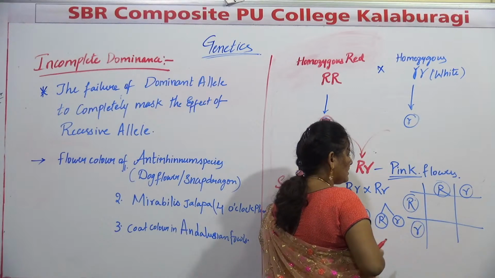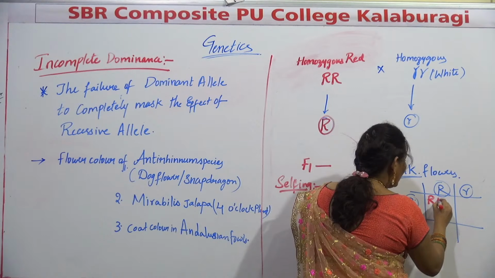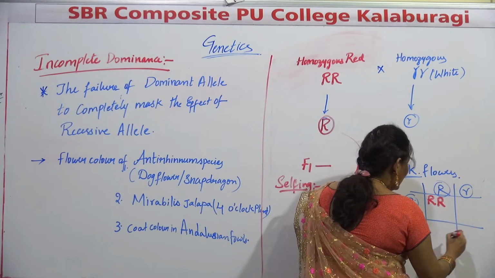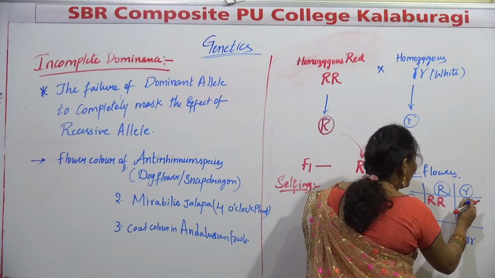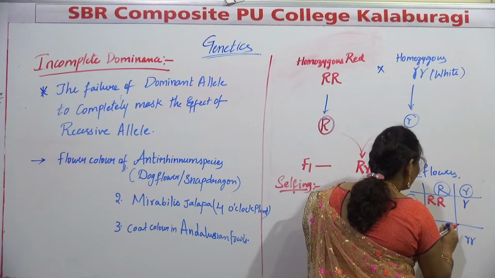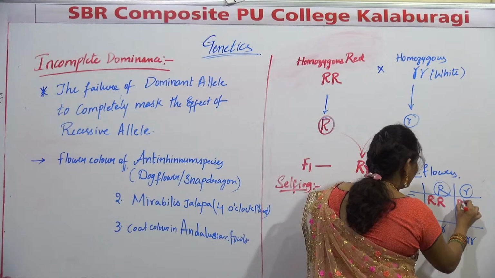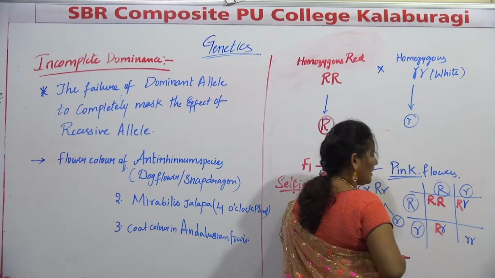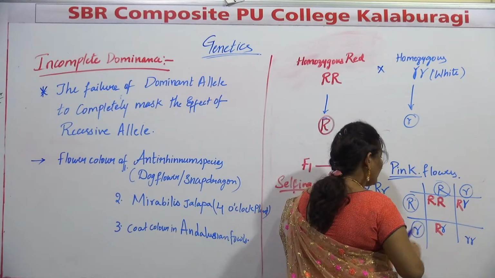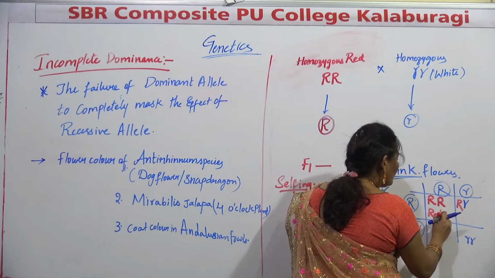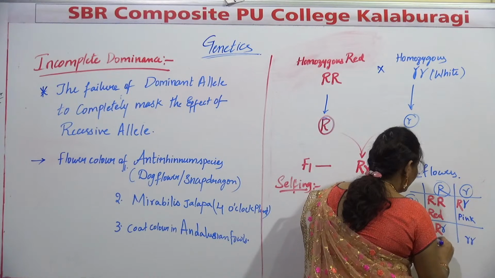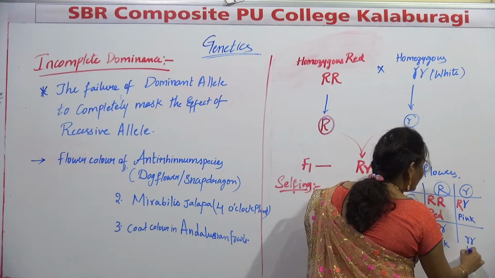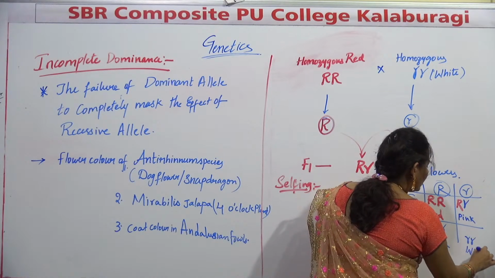Now it has resulted in capital R capital R, these are homozygous red, and smaller r smaller r, these are white. But the other plants, they are pink in color. So this is a red flower, these are pink flowers, and these are white flowers.